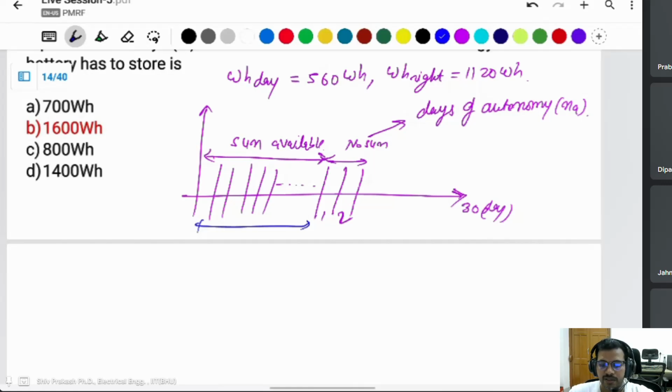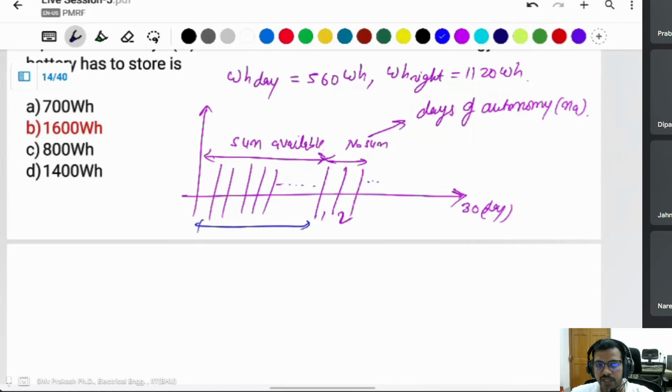That's why it will give some amount of power in a day to charge the battery, but it will not fully charge the battery in a single day.